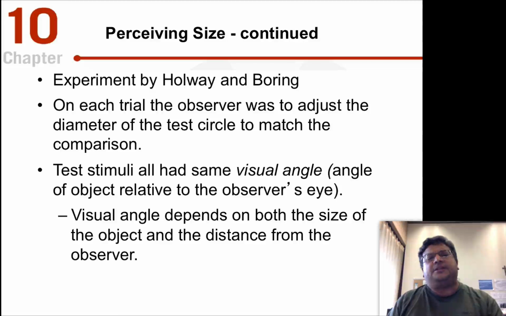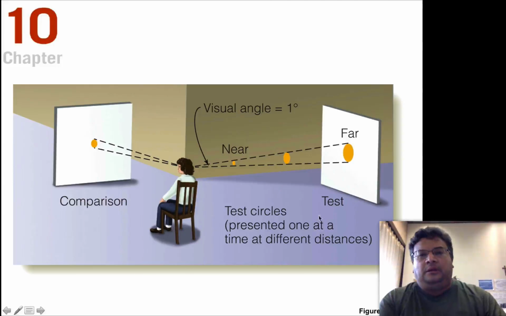Now the thing about this was that the test stimuli all had the same visual angle. The visual angle was basically 1 degree. So it didn't matter whether the circle was near. If it was near, they made it this big. If it was in the middle, they made it this big. And if it was far away, they made it this big. All three of these circles have the same visual angle.